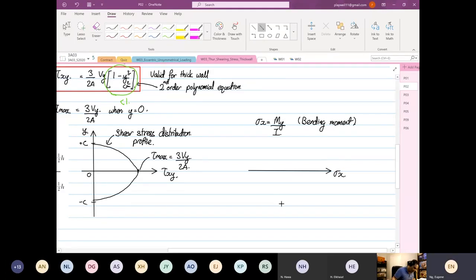So we are going to have a Y. Same thing like before, right? So the problem is this. What can you all tell me about the shear force and the bending moment stresses? What can you tell me?